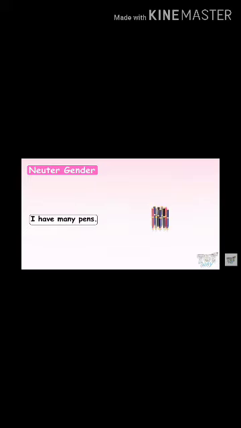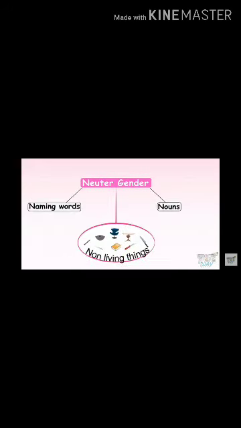Now next is, I have many pens. Now pens, that is also a neuter gender, because it's neither a male nor a female. It's a non-living thing also, as you know. So for non-living things we use neuter gender.